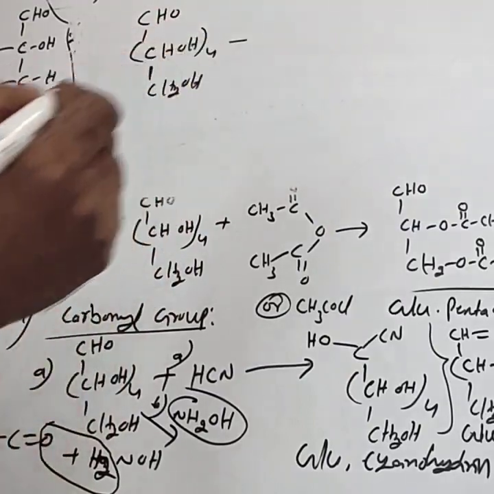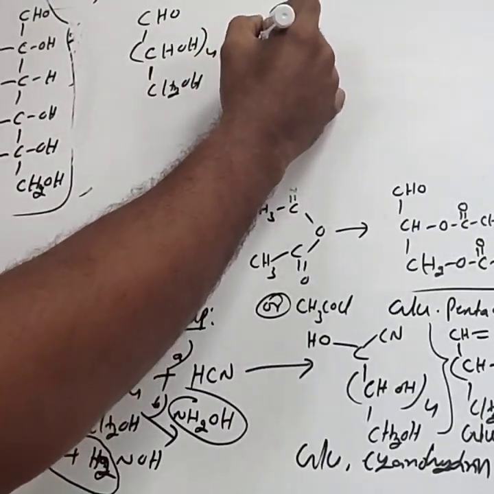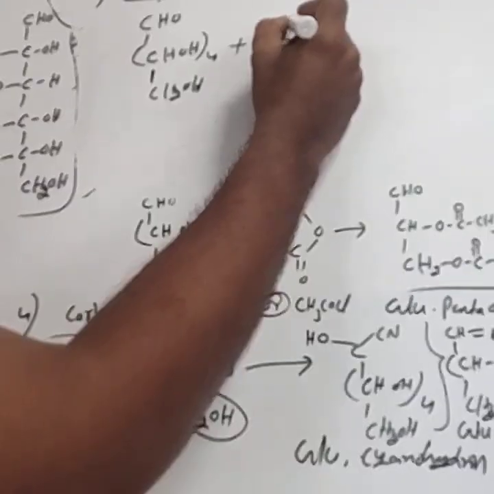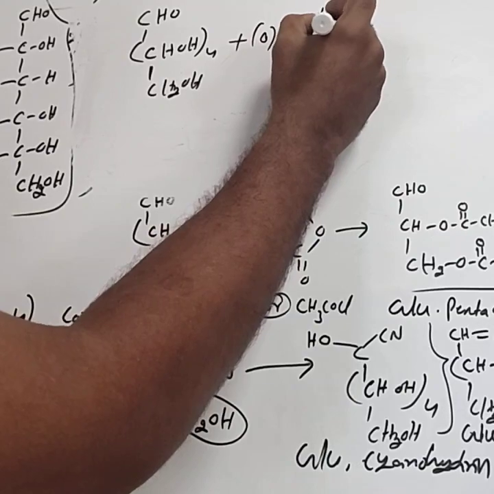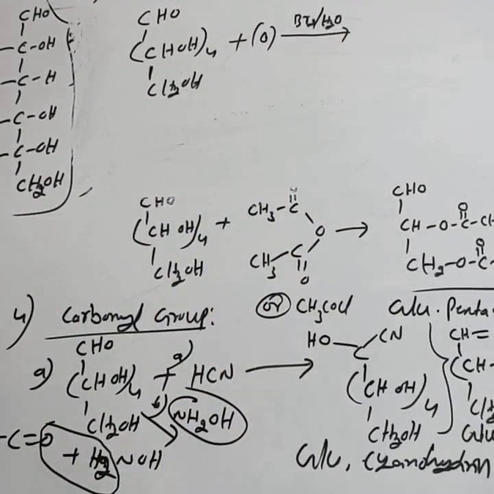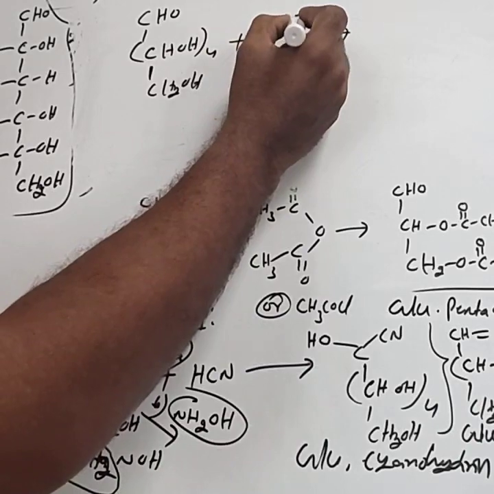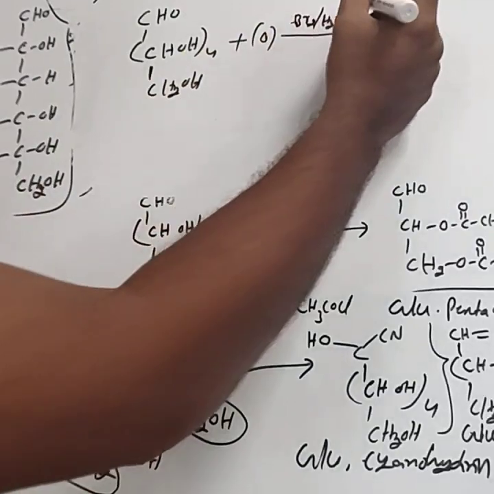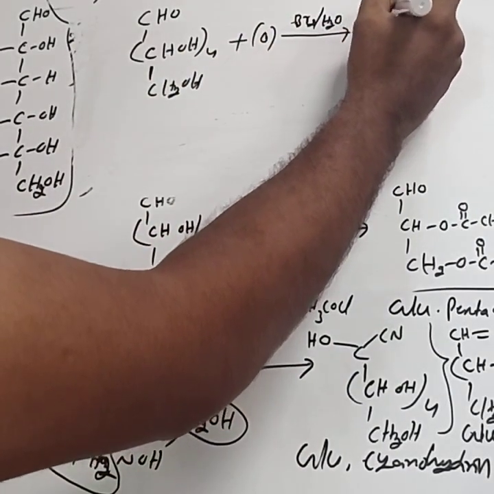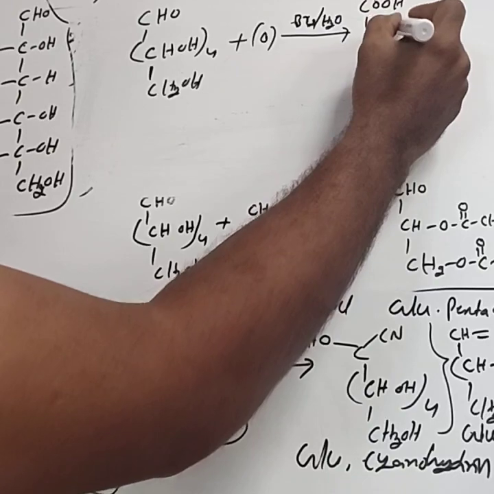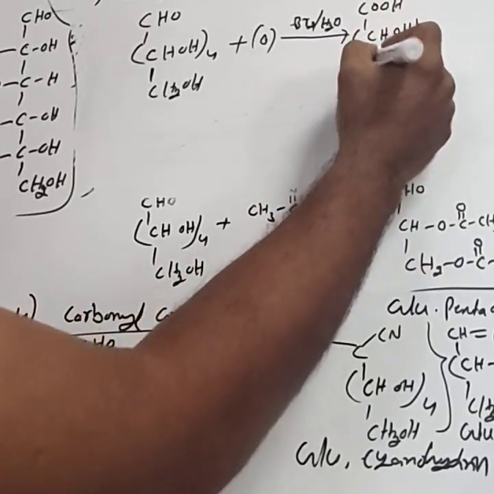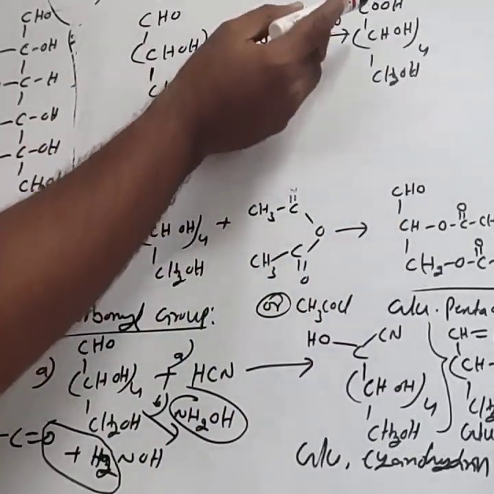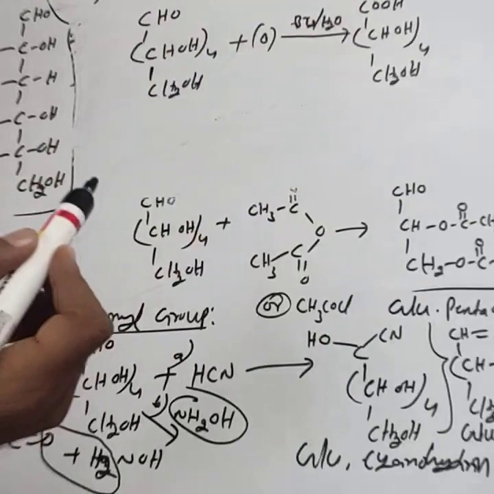Glucose on oxidation with a mild oxidizing agent, weak, like bromine water, gives a monocarboxylic acid, meaning CHO is converted into COOH, and the rest remains the same: CHOH4, CH2OH. Only one COOH, so a monocarboxylic acid is formed.